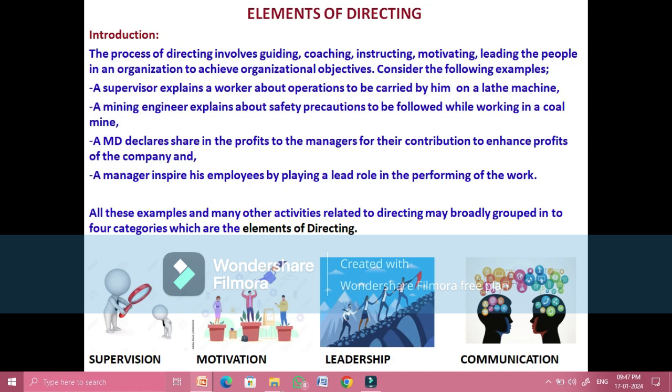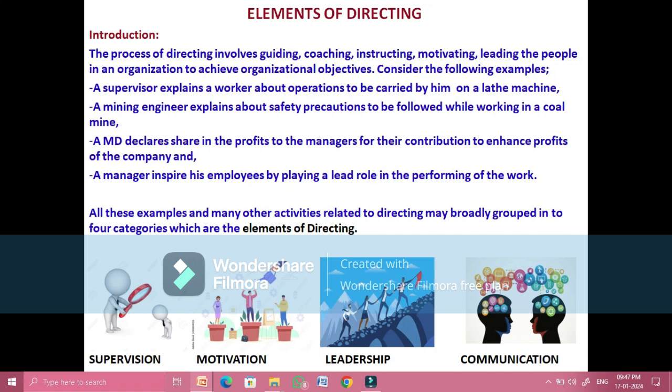So we can say that directing is defined as that management function that provides guidance and direction to the employees of the organization, enabling them to perform effectively and efficiently for the development of the organization.